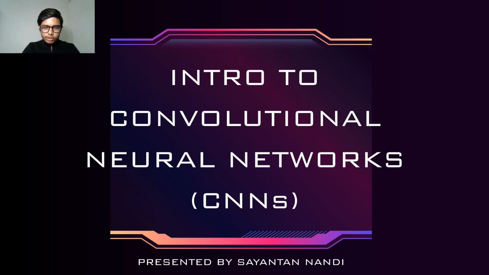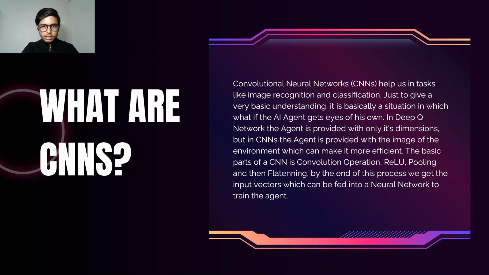In our lecture today, we are going to talk about how CNNs work, and basically what they do. So first of all, let me give you a very brief introduction to what CNNs are. Basically, CNNs are AI models that help us do image-related stuff, like the stuff that ChatGPT does.